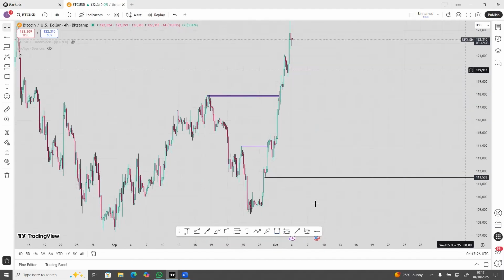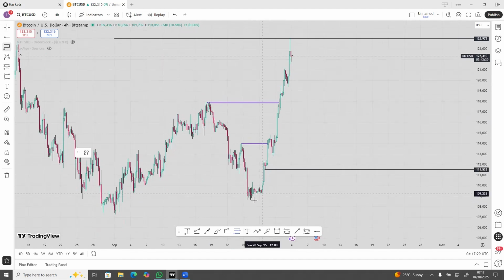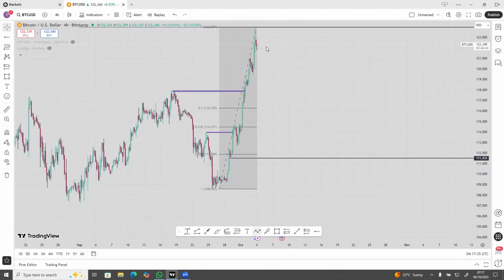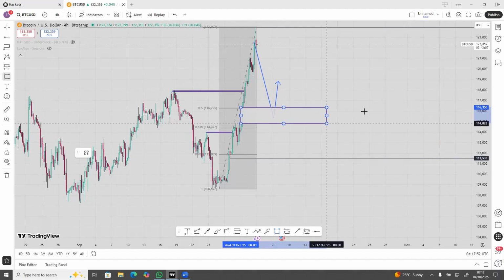Then we also have a strong impulsive move from that point to that point. So next week we expect a corrective move to the discount zone, and then you can pick a buy. In the discount zone, the point of interest available is this unmitigated FVG, a big imbalance right here.